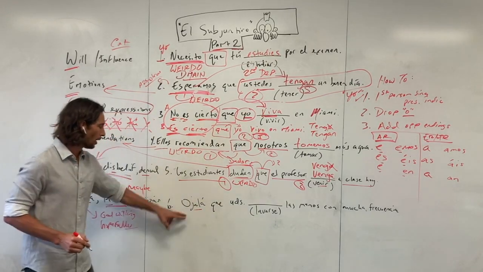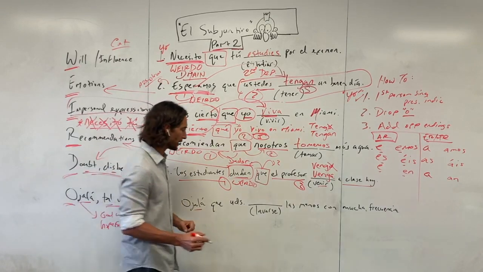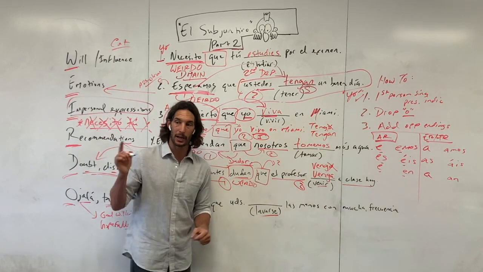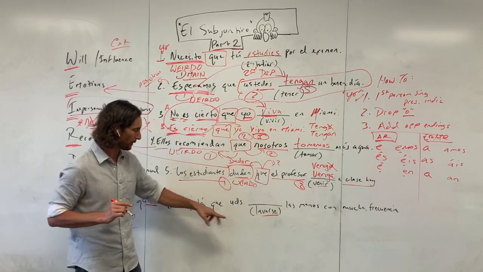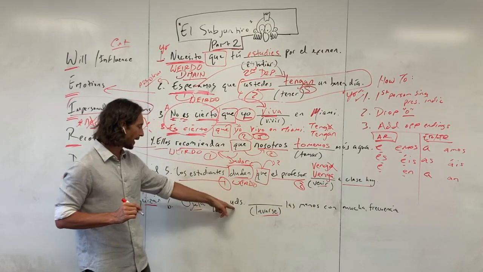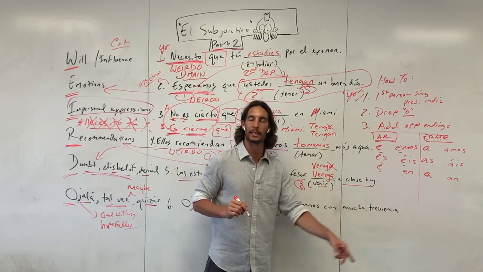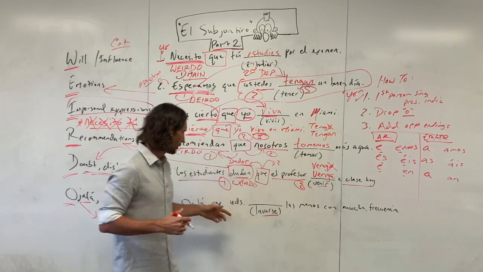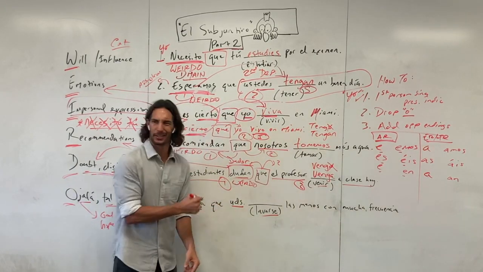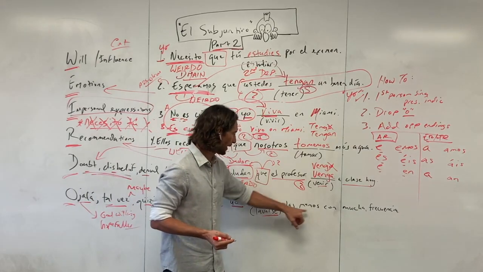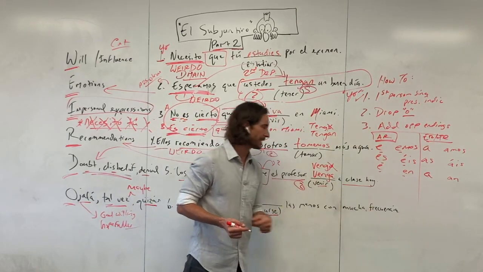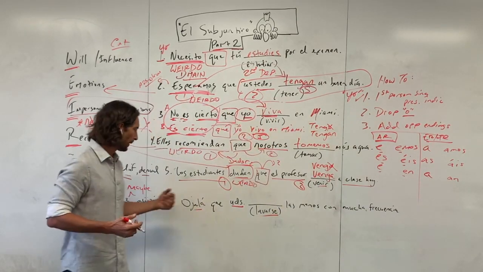And so ojalá que ustedes. And then check this out. We got a reflexive pronoun. This is going to be fun. Ojalá que ustedes lavarse las manos con mucha frecuencia. So hopefully you all, we've got ustedes shorthand there, wash your hands with a lot of frecuencia, frequently. And so let's have a look at this.